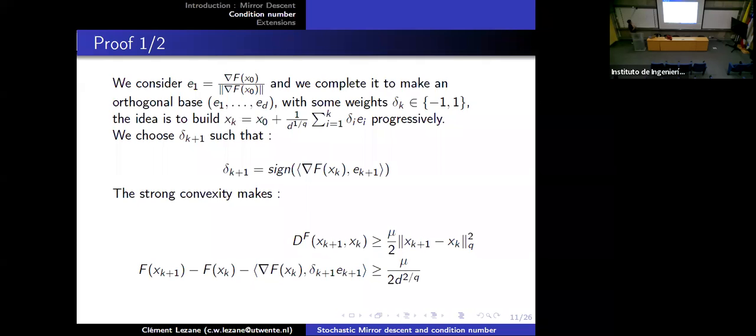Okay. Well, the idea is that we're going to try to build this. We're going to start from a point x0, and at each iteration we're going to choose a delta e. Delta is 1 over d, to the power 1 over q. This is the step size.